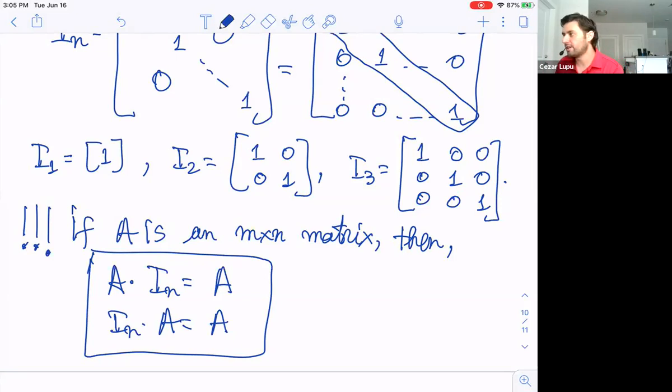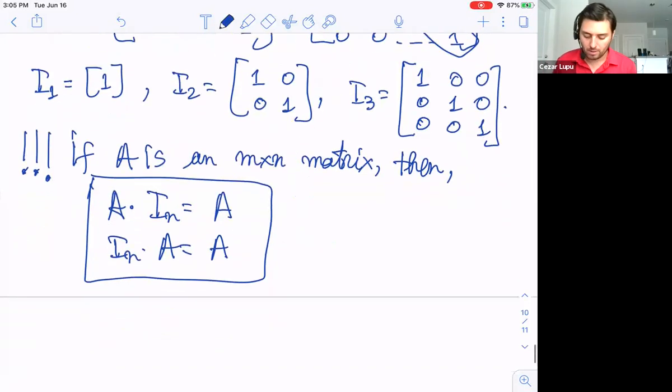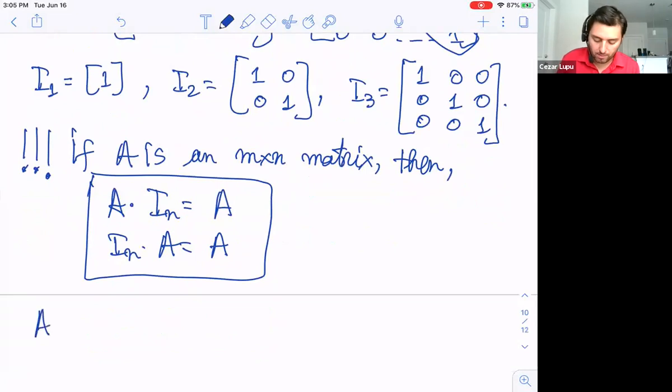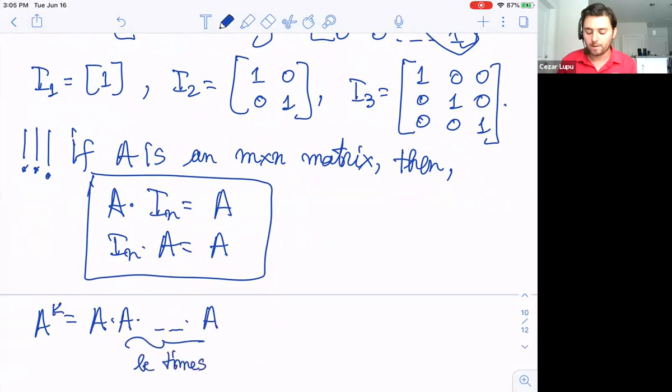Also, I want to mention something. When you raise a matrix A to the power k, this is nothing else than A times all the way times A, k times. So you multiply A by itself k times.